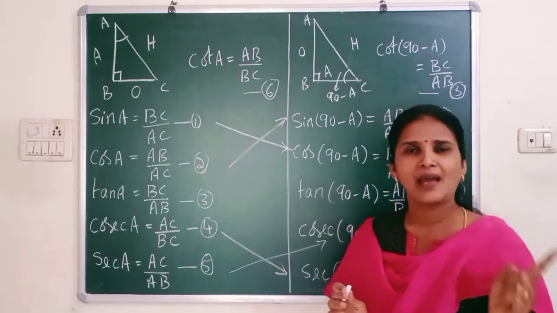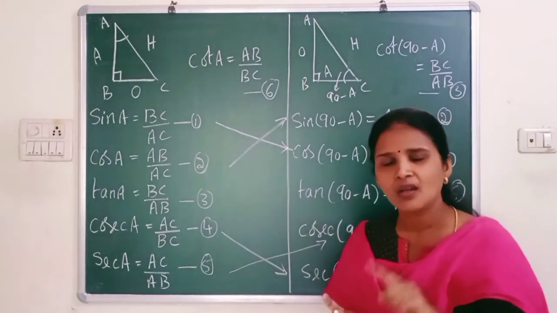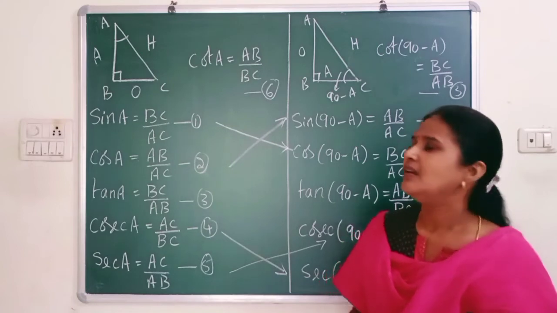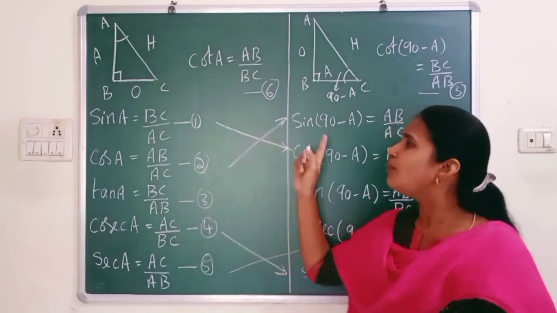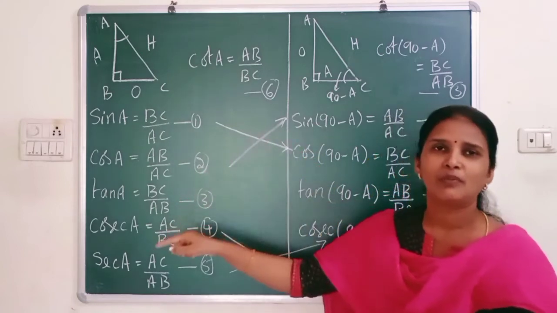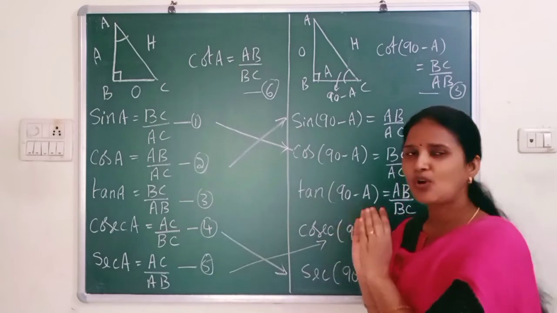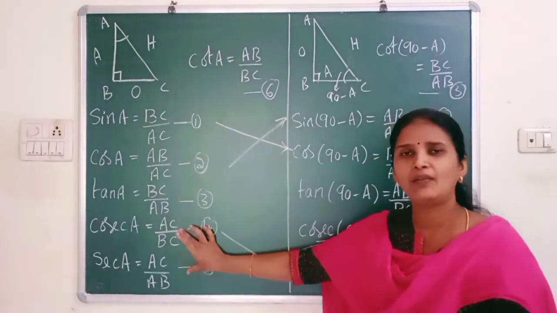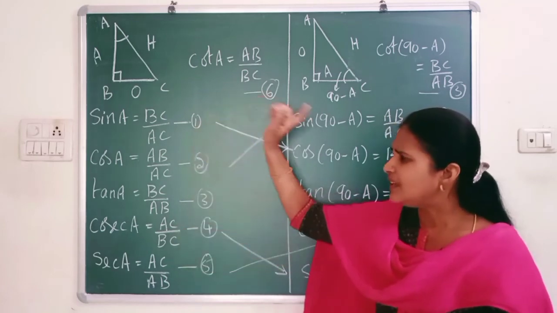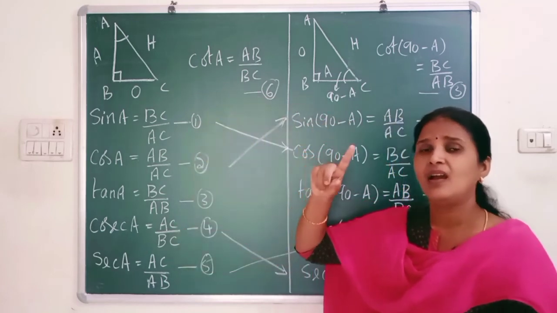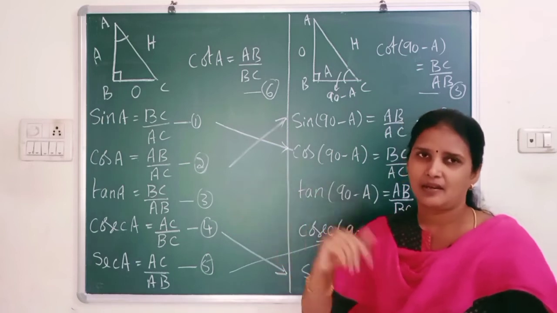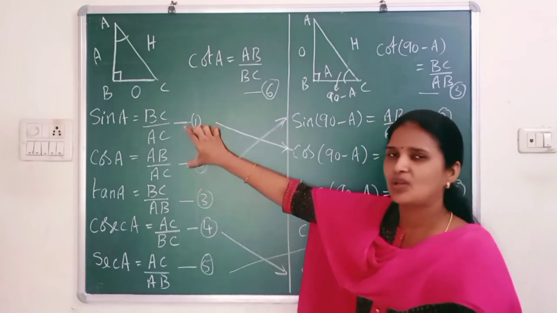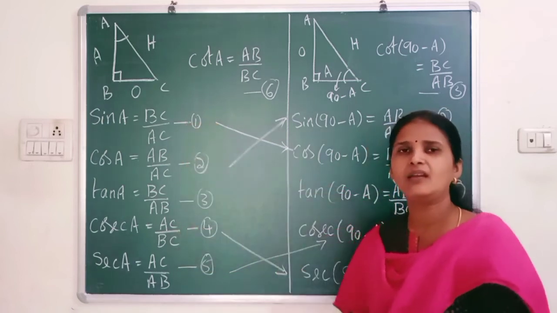There also tan is the reciprocal of cot, and cot is the reciprocal of tan. Here also tan is a complement to cot and cot is a complement to tan. So this is common for both. And for the other two, you have to remember, in reciprocals sine and cosec are related and cos and sec are related, but here sine and cos are related, cosec and sec are related.